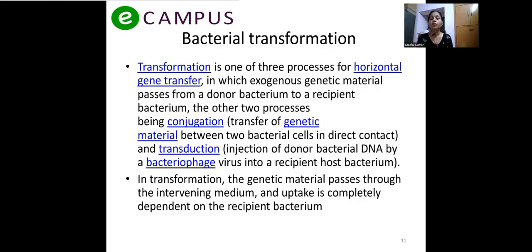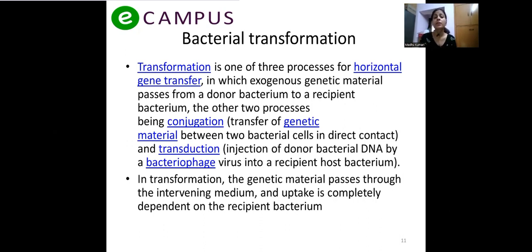The other 2 processes are conjugation, transfer of genetic material between 2 bacterial cells in direct contact, and transduction, injection of donor bacterial DNA by a bacteriophage virus into a recipient host bacterium. In transformation, the genetic material passes through the intervening medium and uptake is completely dependent on the recipient bacteria.